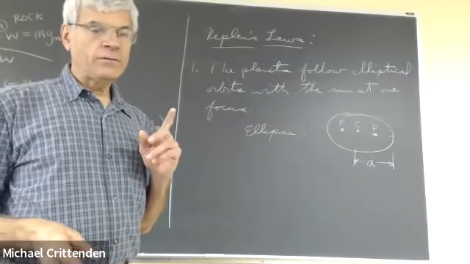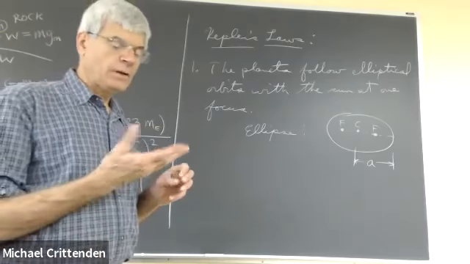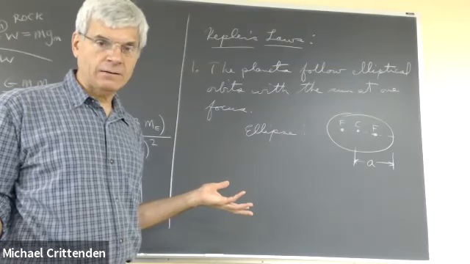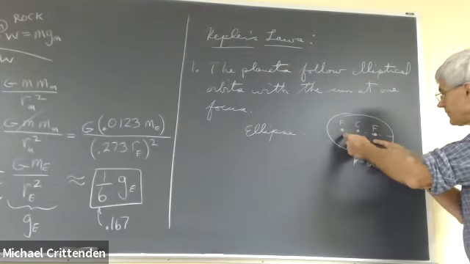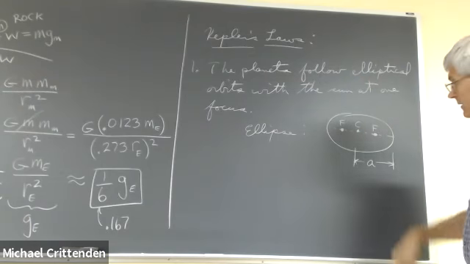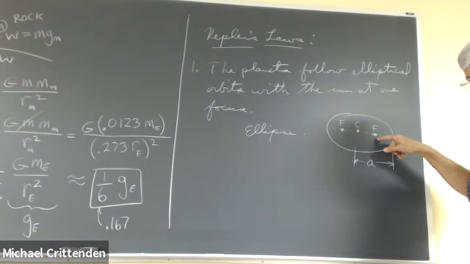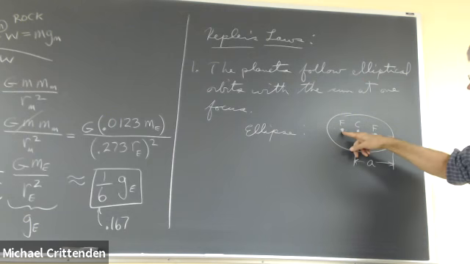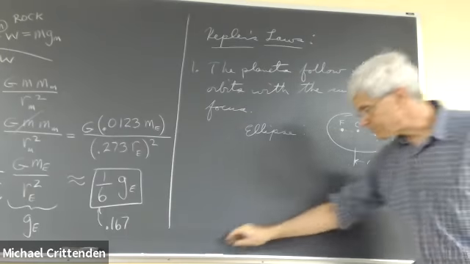An ellipse is an oval that's drawn according to very specific rules, which can be explained in different ways. But if you don't want to get too mathematical about it, it goes like this. You pick your two focus points, get a couple of nails, drive one into the blackboard there, drive the other nail into the blackboard there, get a piece of string. Tie one end of the string to this nail, tie the other end of the string to that nail.